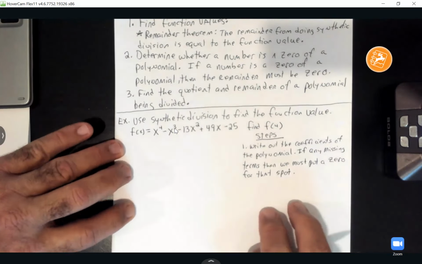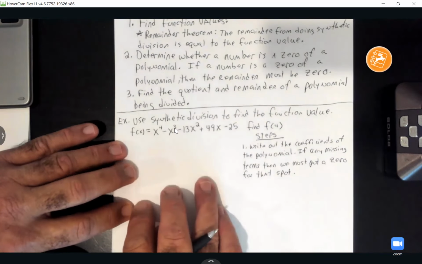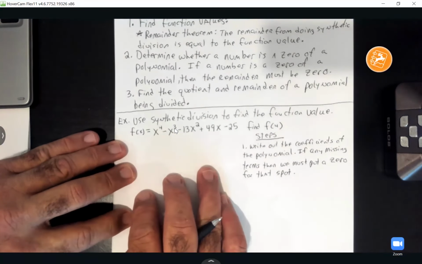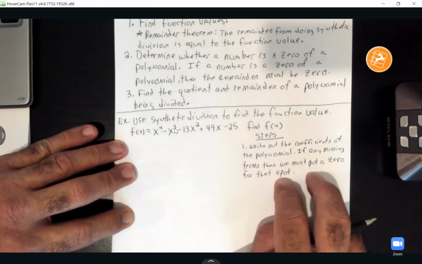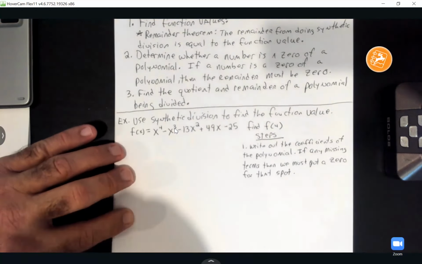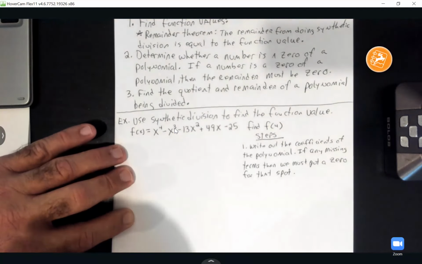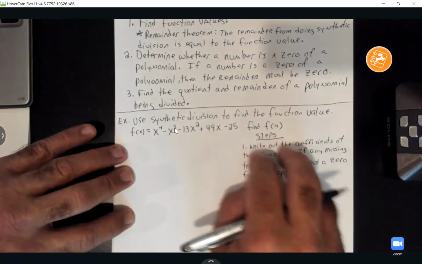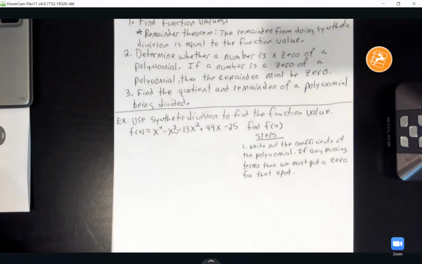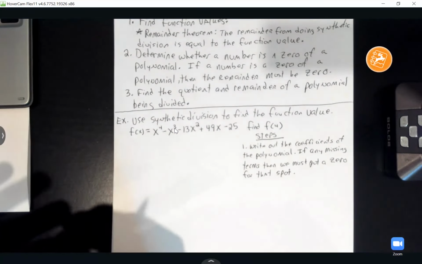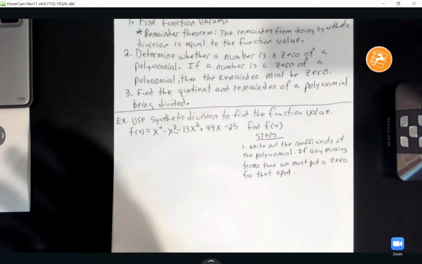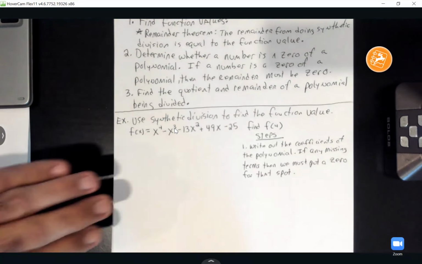Now, I'll tell you the truth about that. College algebra, those examples I'm doing on it, I don't think any of them will have a missing spot to worry about a 0. When I do some of the support ones, there's 1 or 2, I think, that you got to worry about the missing spots, okay? But let me check real quick. All the ones for college algebra actually have all the places there, okay?